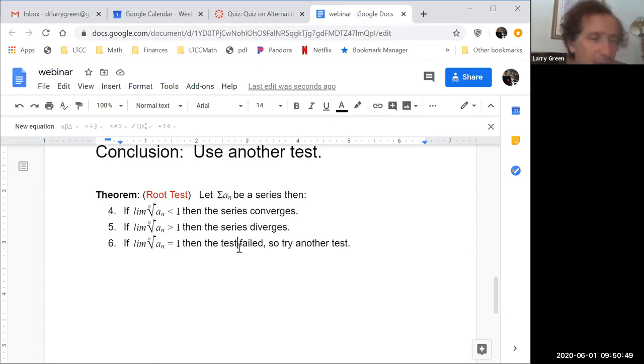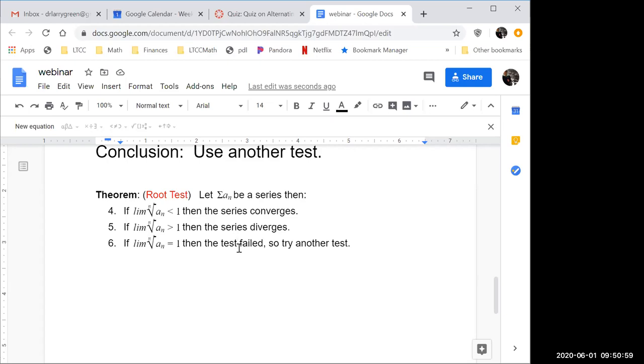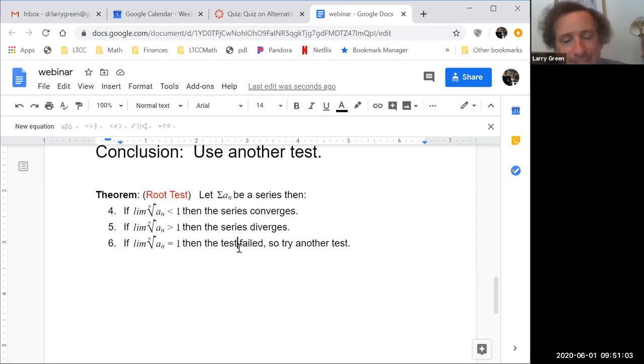When do you think this is going to be useful? Maybe when something fails the ratio test? Well, it could be useful, but usually not.